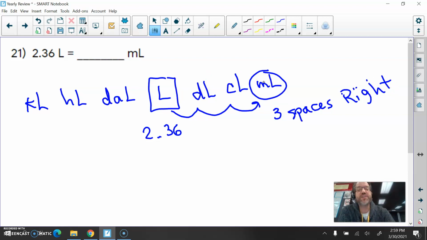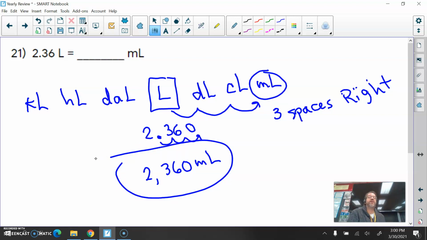So that means I'm going to move the decimal point 3 spaces to the right. 1, 2, oh, that gets me past the 6. But have I gone 3 spaces yet? Nope. I have to go one more space. 3. And in this space, I fill in a 0, and I have 2,360 milliliters.